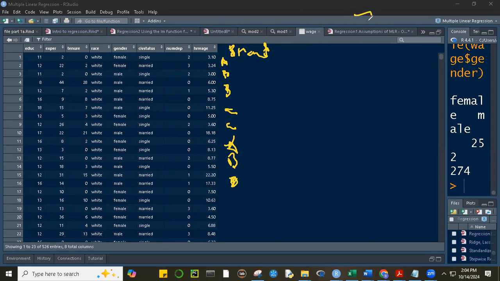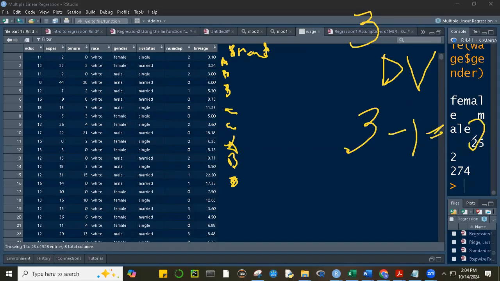Ang level siya, 3. A, B, C. Now, since this is a categorical variable, this is a factor, this has to be converted by R. So, paano niya i-convert yan? First, how many dummy variables? Kung ilan yung levels, 3, A, B, C, minus 1, so there will be 2 dummy variables.